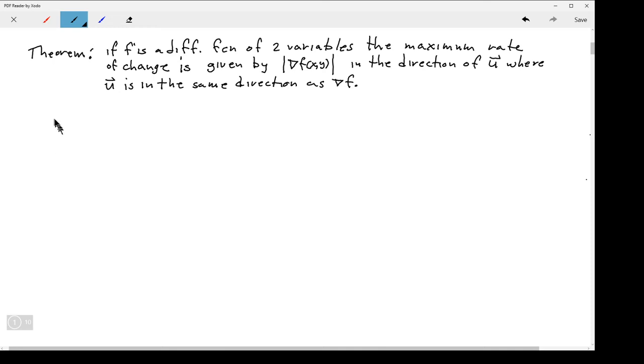I'm going to take the function f of x, y equals x e to the y.